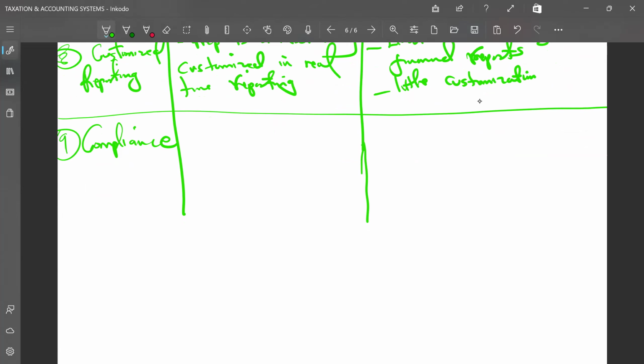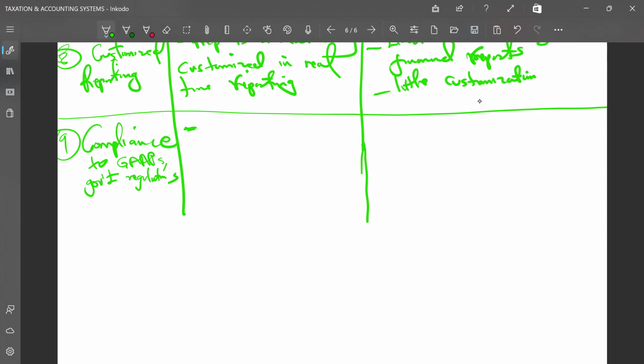Compliance in a cloud-based accounting system is compliance to generally accepted accounting principles and government regulations, for example, taxes. So when we talk about government regulations, how do these systems compare in terms of how they handle this compliance part of it?